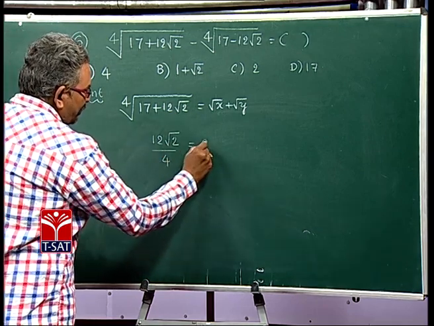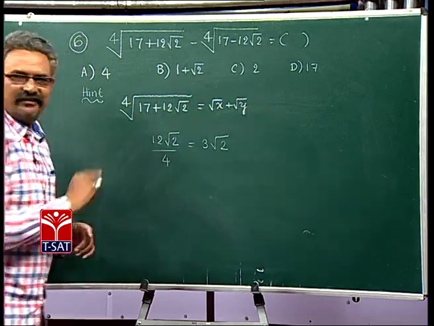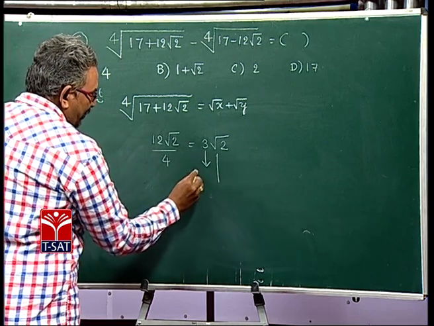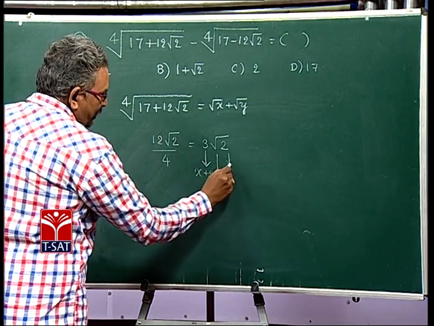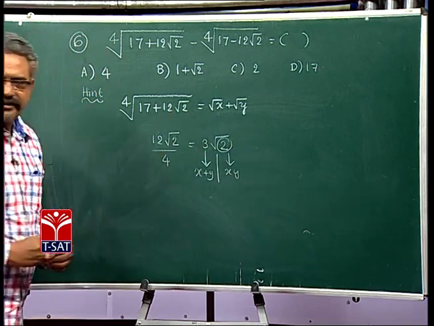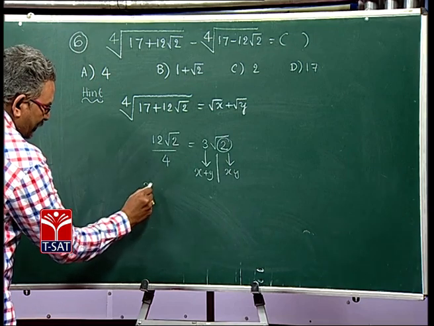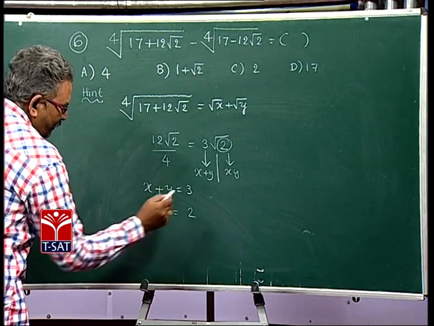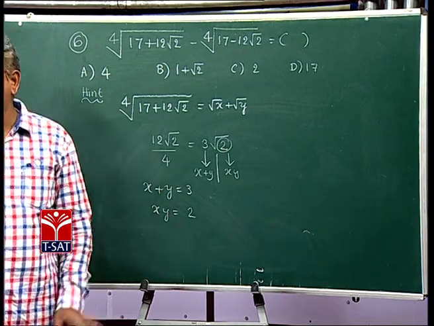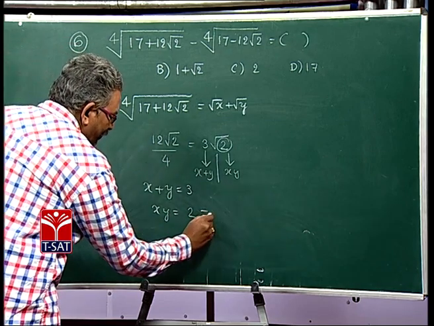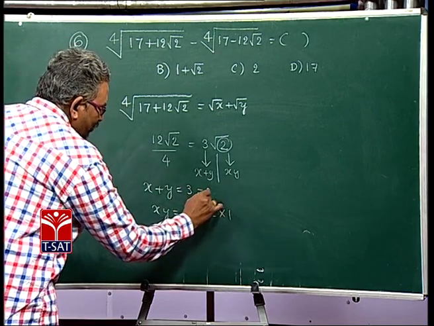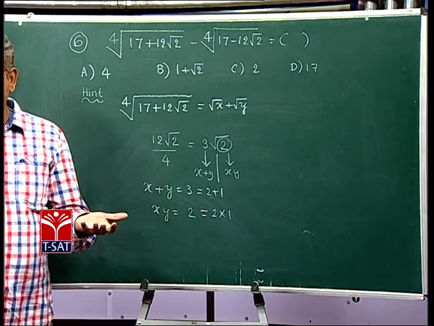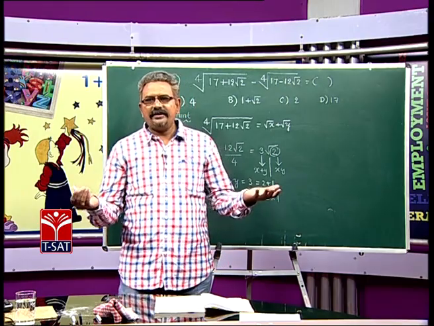How much do you get? 3 root 2. Now search for x and y. This will be the sum, this will be the product, that means 2 will be the product. So x plus y is equal to 3, xy is equal to 2. xy is equal to 2 means what are the factors of 2? Very simple, 2 into 1, and this is 2 plus 1. What is x and what is y? Obviously x is equal to 2 and y is equal to 1.